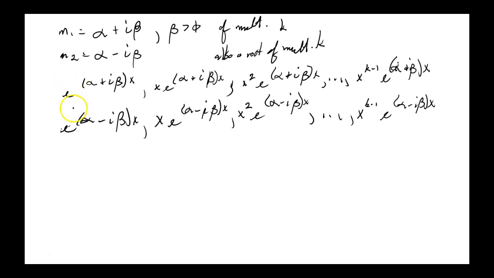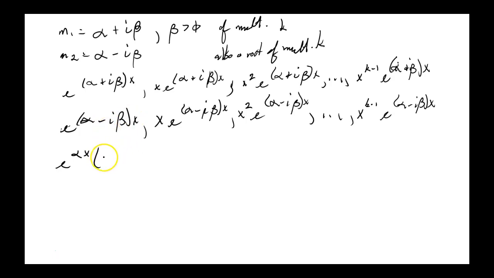The first one would be e to the alpha x, and then the next part, I would group them both together. They separate them in the book, so I'll do that just because they did. But I would put cosine beta x plus sine beta x, because that's the simplest way to write it.